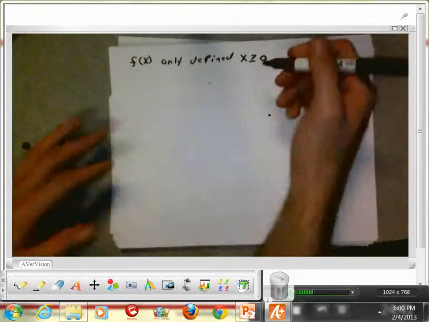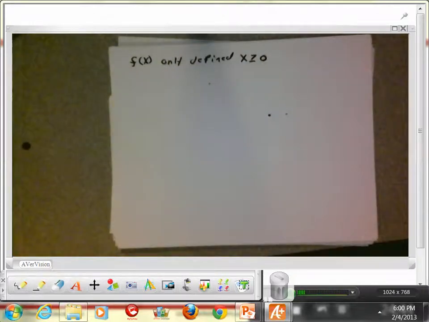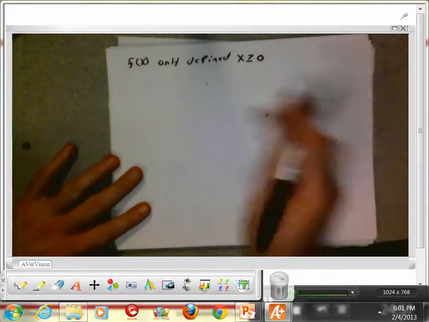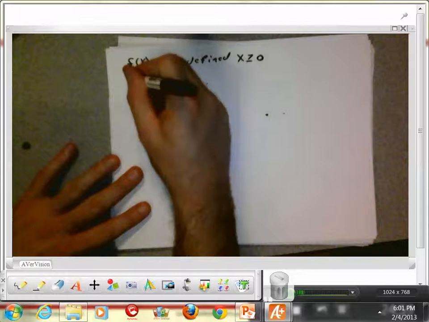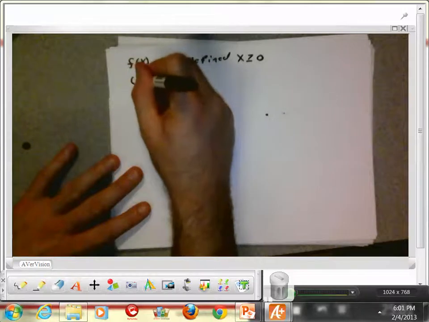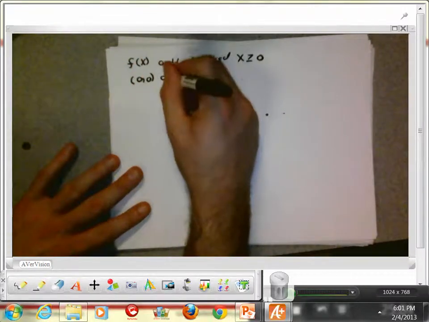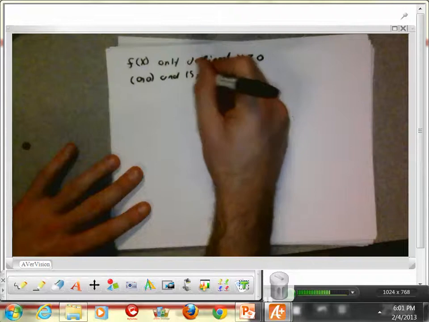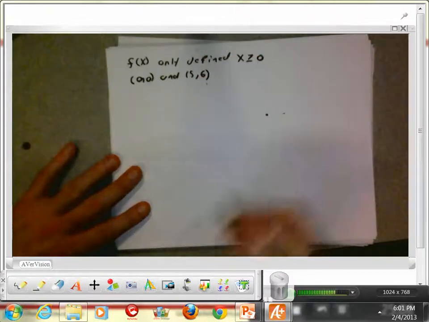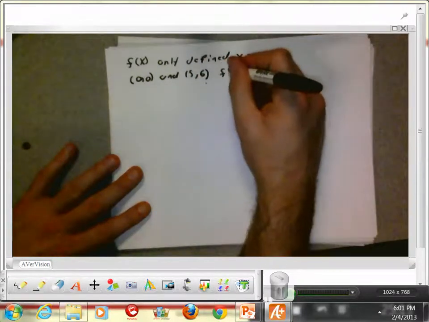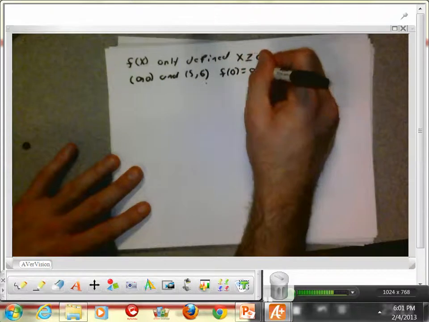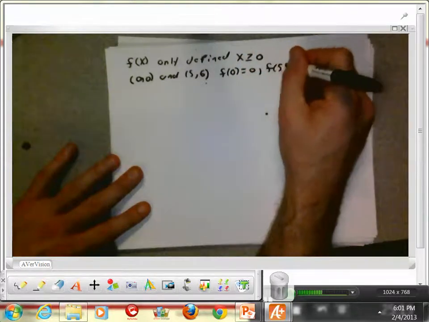That means we're only on the positive x-axis. We're not going to consider negative values. The next criteria is that (0, 0) and (5, 6) are points on the graph. Another way to say that is f of 0 is equal to 0 and f of 5 equals 6.